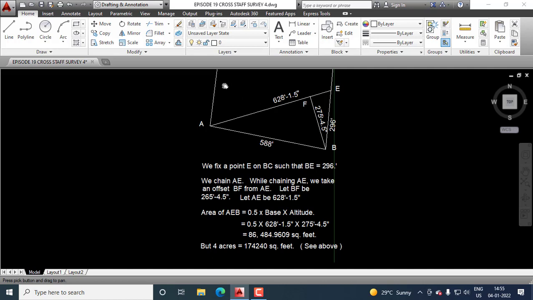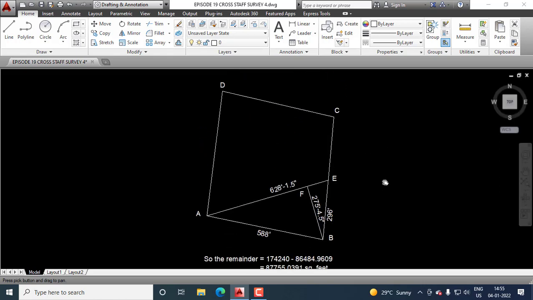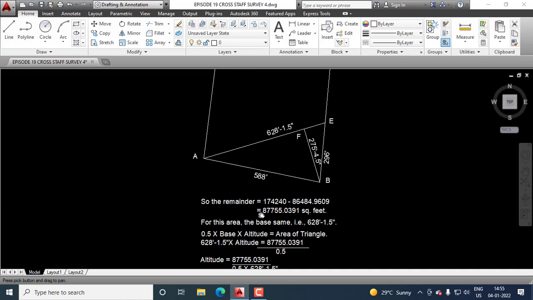So we want to calculate the offset of this portion. The remainder is 174,240 minus 86,484.9609, which is equal to 87,755.0391 square feet.